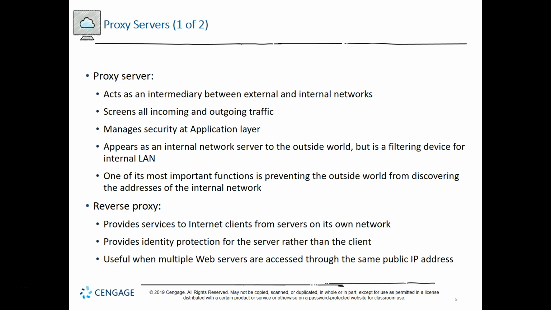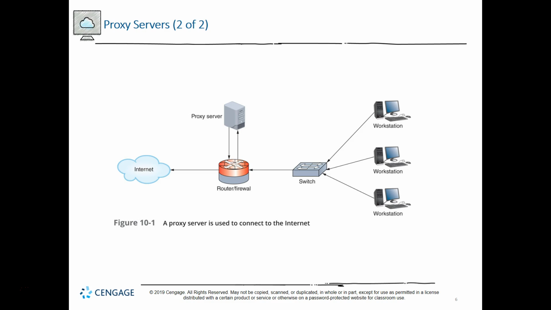Sometimes it makes more sense to see it in a graphical model of where something like this proxy server sits. Our traffic from all of our workstations goes through that proxy server, or can go through that proxy server, connecting us to the internet.